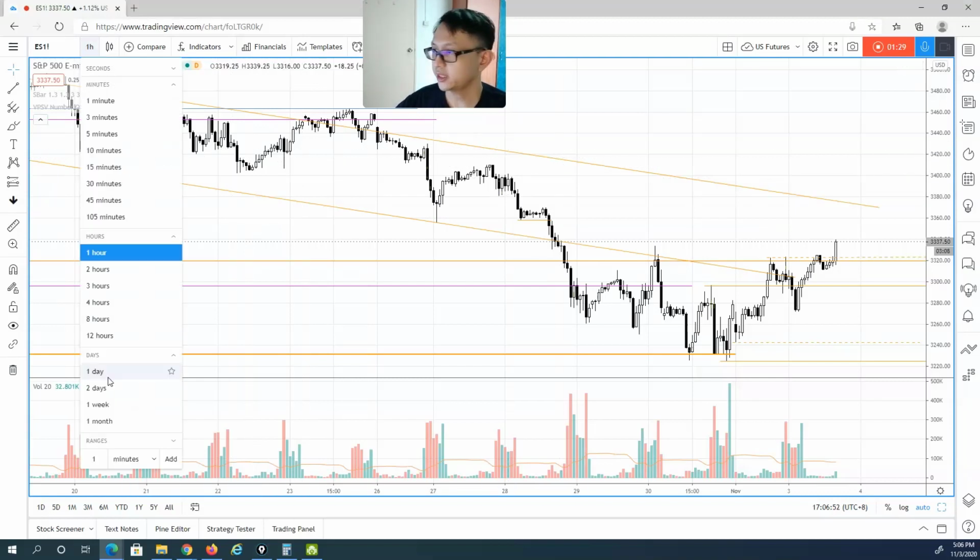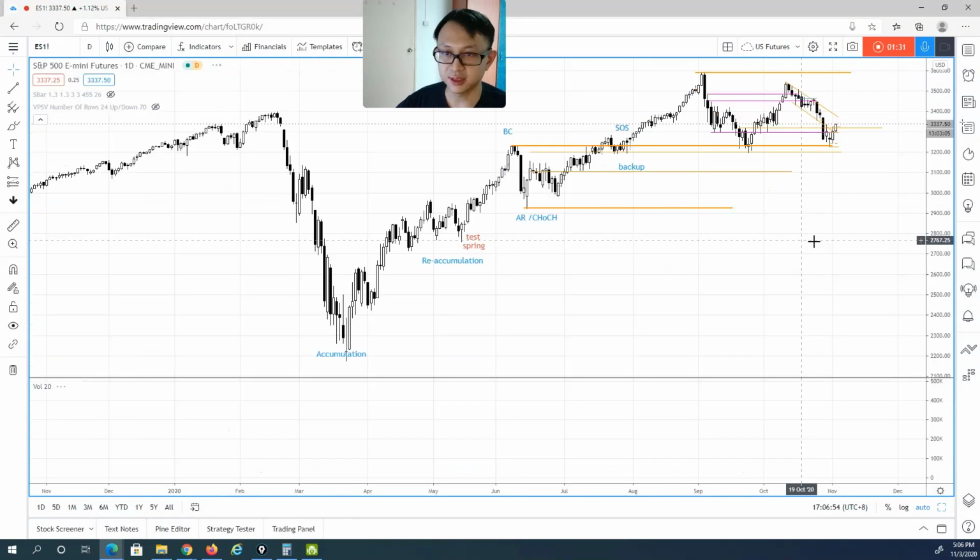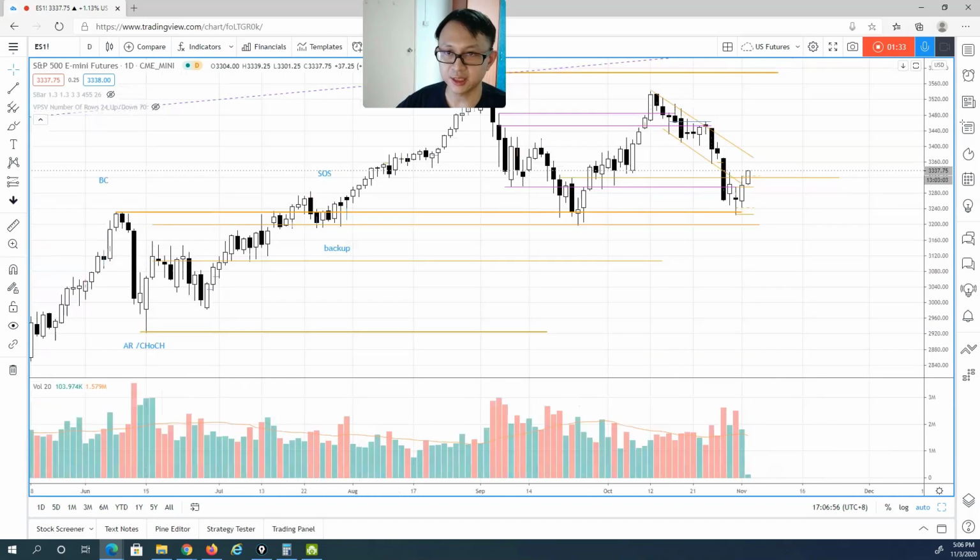As we can see in this daily chart, and let's start with the daily chart, I talked about the shortening of the downward thrust in yesterday's video, and then a possible reversal, because we just hit the previous support level at around 3230 to 3200.